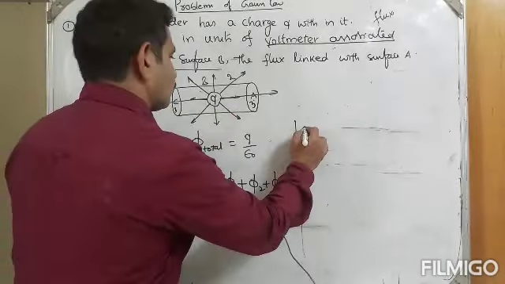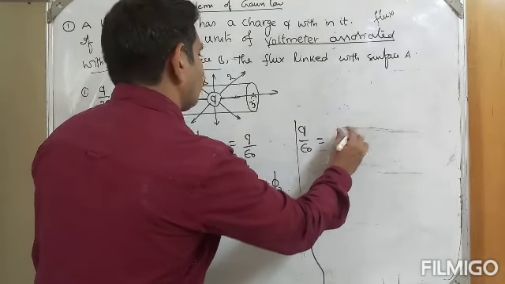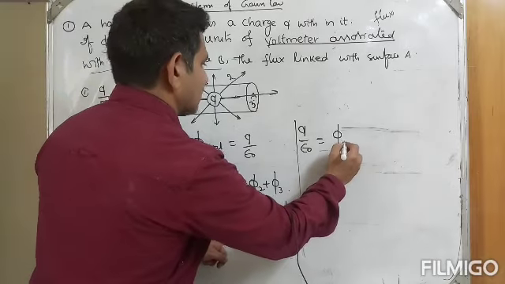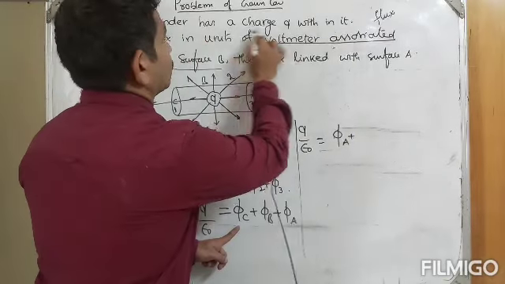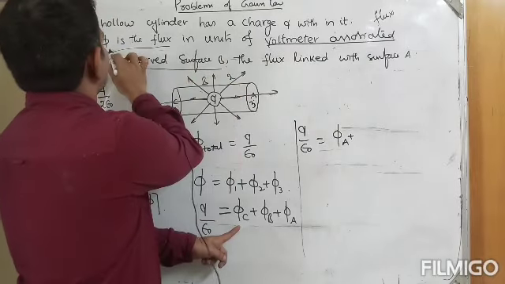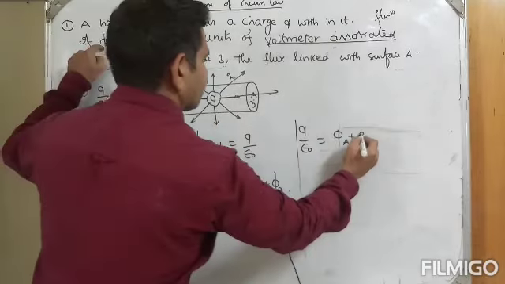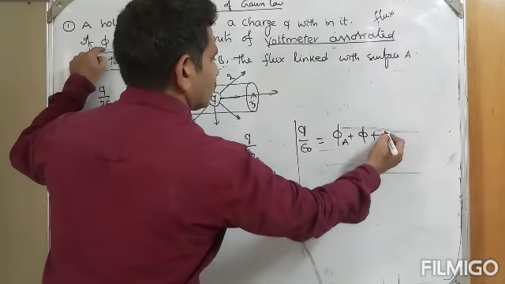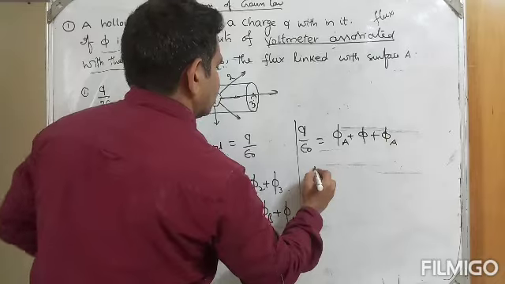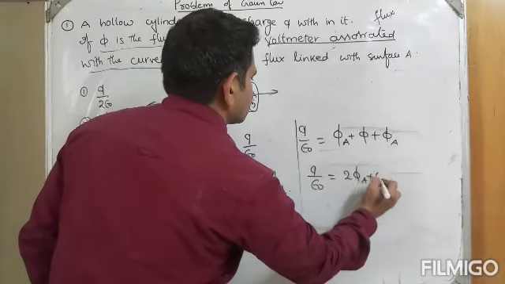Therefore Q by epsilon naught is phi C, which can be written as phi A, plus the flux through B. According to the given question, flux through surface B is phi. So you can write Q by epsilon naught is equal to 2 phi A plus phi.